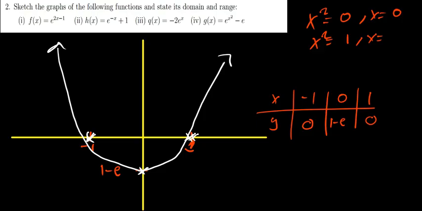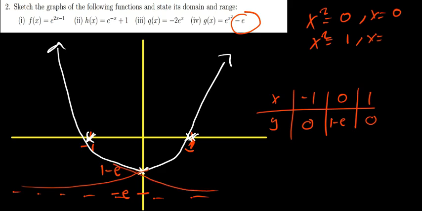Other people will assume that this is the horizontal asymptote, and when they do that, it will bring them a graph like this. So it goes there, it goes there, but the best graph, because both are exponential, is this one.